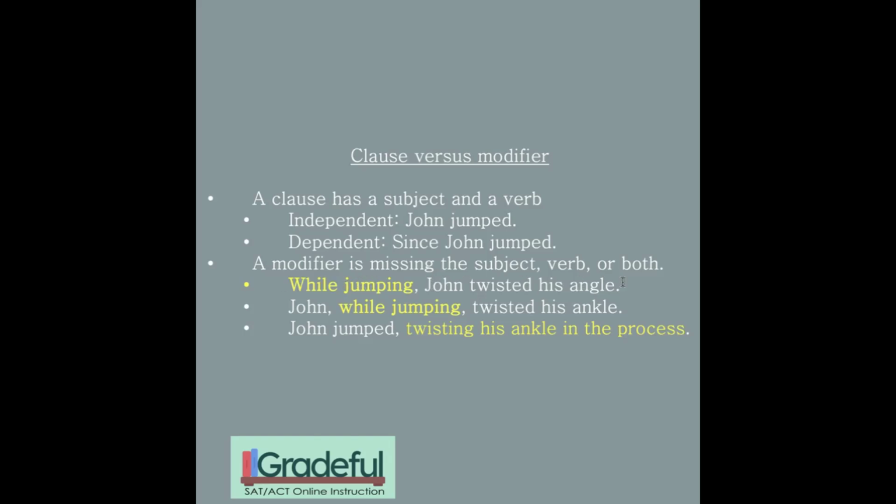While jumping, John twisted his ankle. Or a modifier in the middle, John, while jumping, twisted his ankle. Or you could have a modifier at the end, John jumped, twisting his ankle in the process. So you have the clause with the subject and the verb that is the more complete part of a sentence. And then you have the modifier that's usually tacked on at the beginning, middle, or end of the sentence.